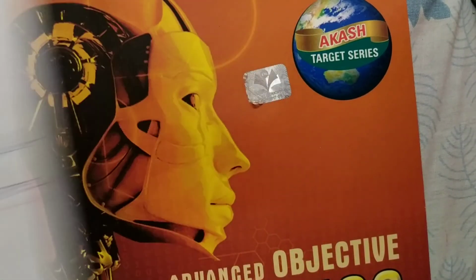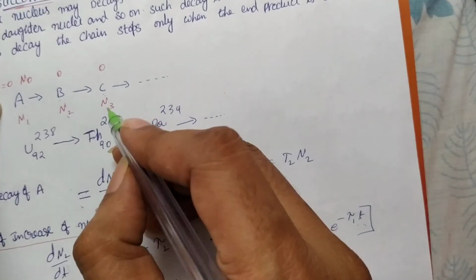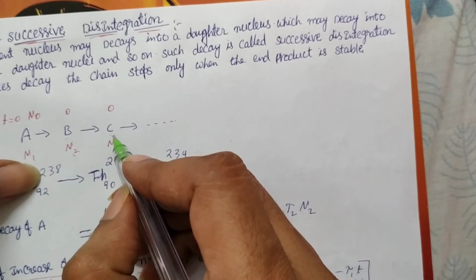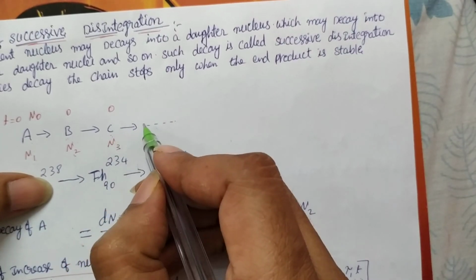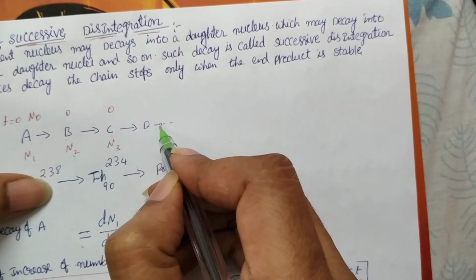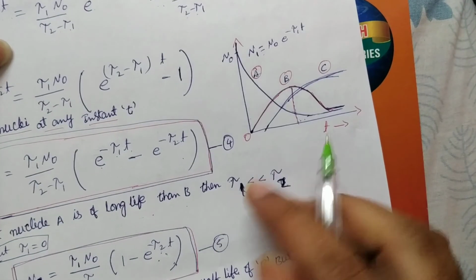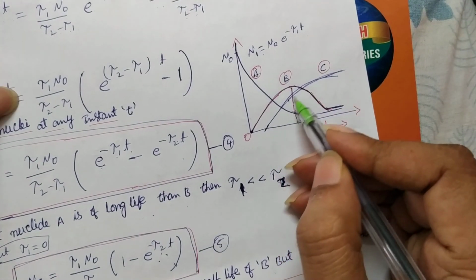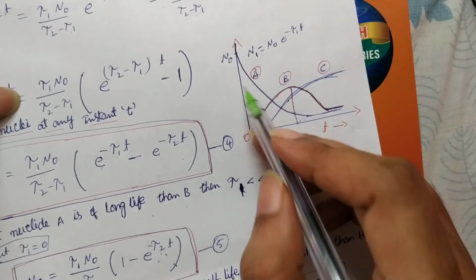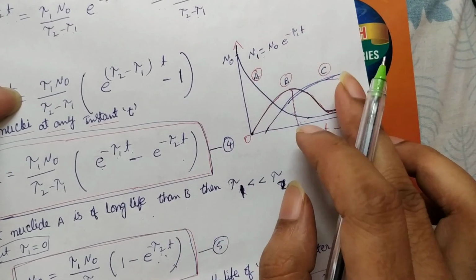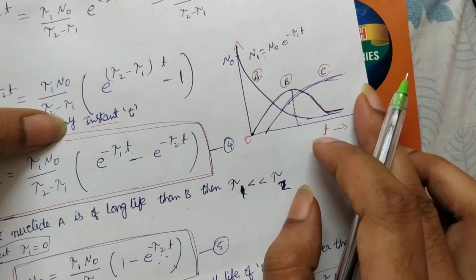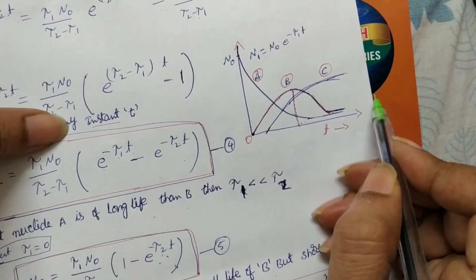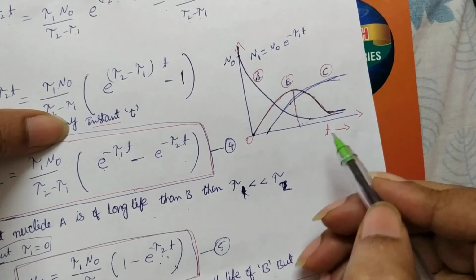Suppose in this process C is a non-stable nucleus, then C converts into D and D converts into E. Then the graph of C continuously increases and becomes constant; finally all the material converts into C. If C is also unstable, then it converts into D, then C also falls down and somewhere here D rises.